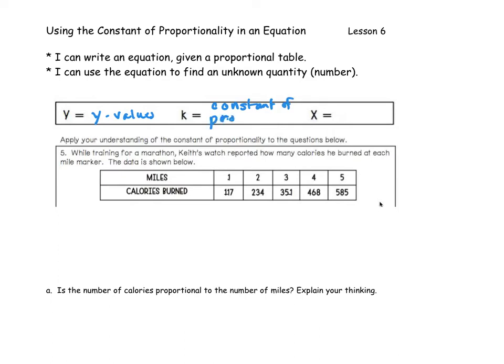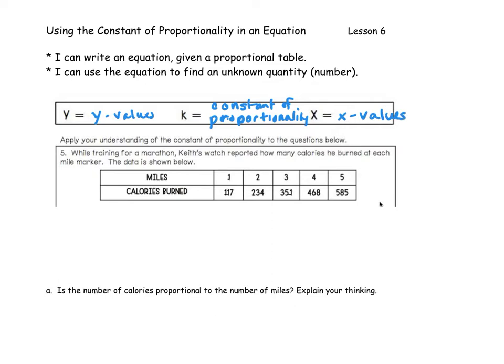It's also known as the k value, or unit rate. And x represents our x values in a graph or table.